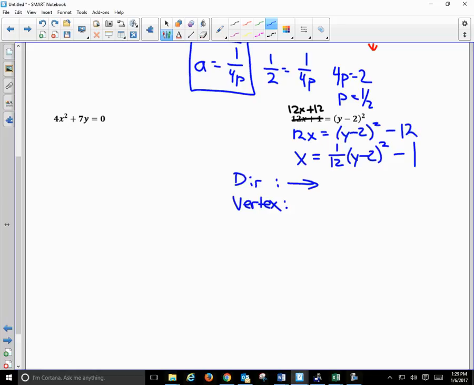I'm going to pause for 5 seconds, let everybody think about it, come to an idea, and then I'll ask again. What is the vertex? Okay. What do you think is the vertex? Two, -1.